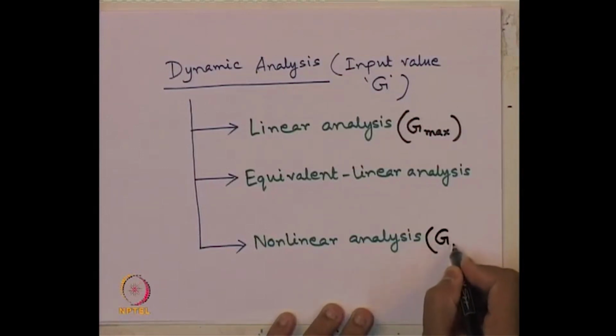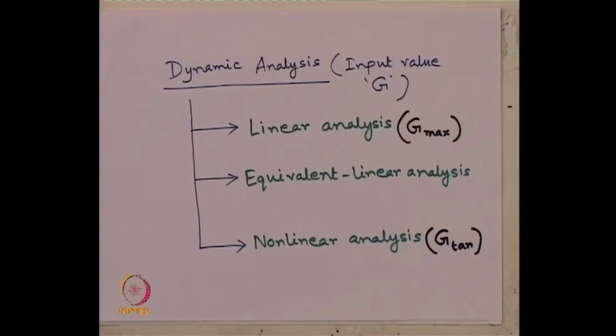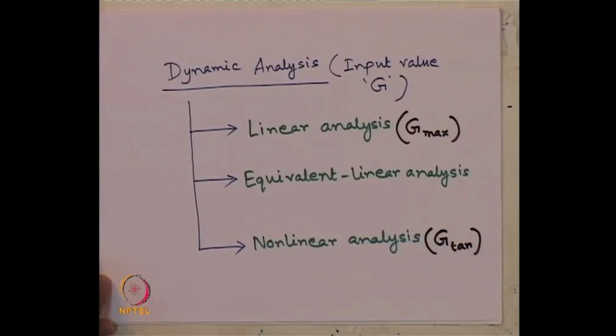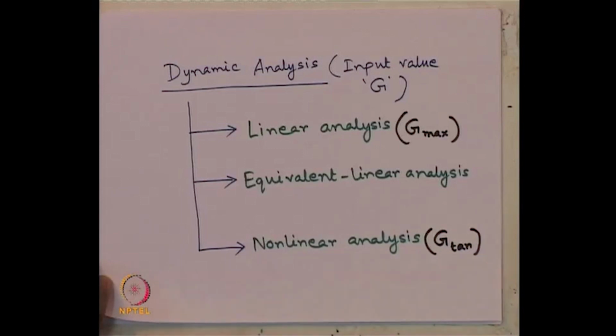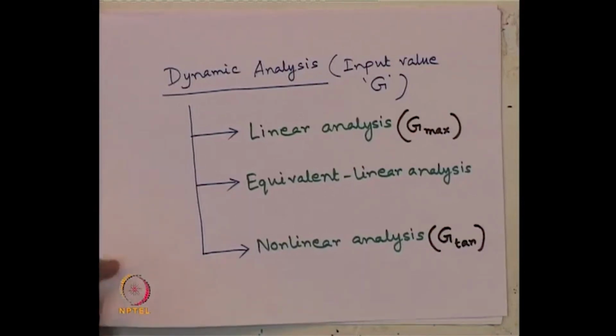That should be the tangent shear modulus, because the tangent shear modulus is that modulus which gives you the actual slope of the tau versus gamma plot at any point of shear strain or any state of loading.